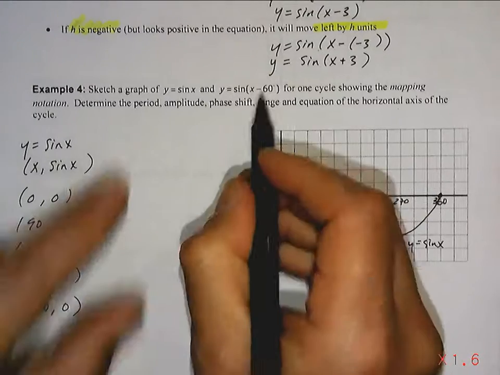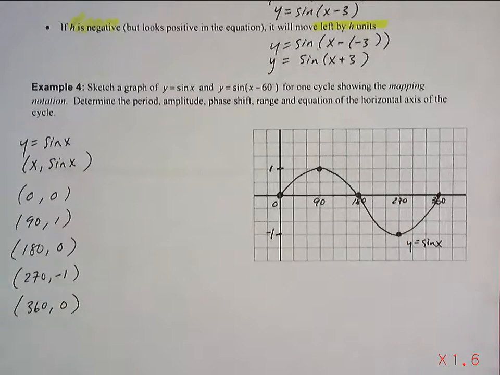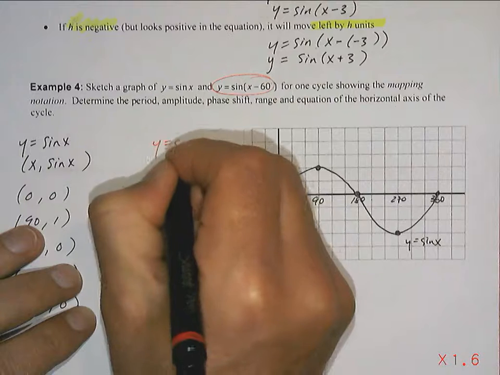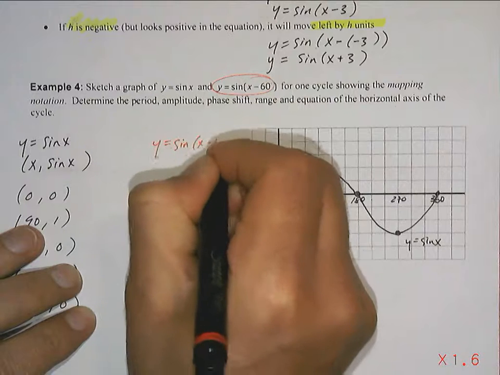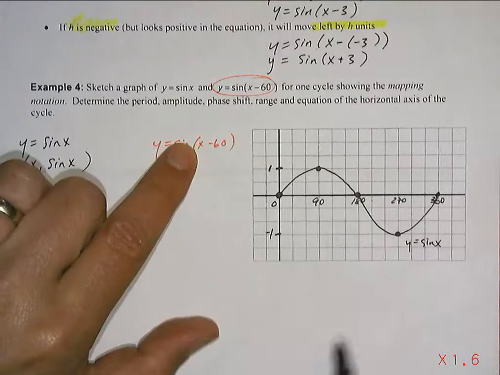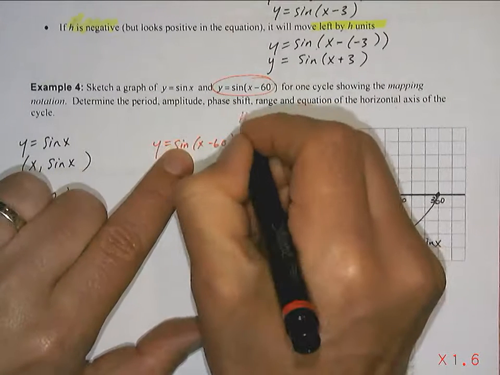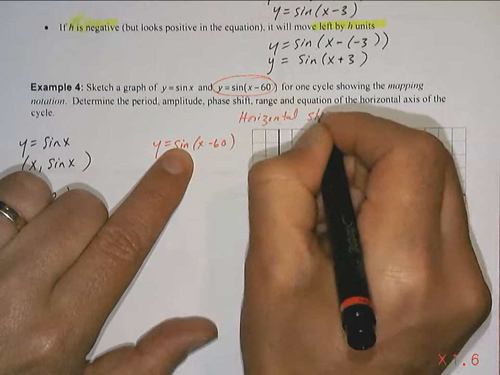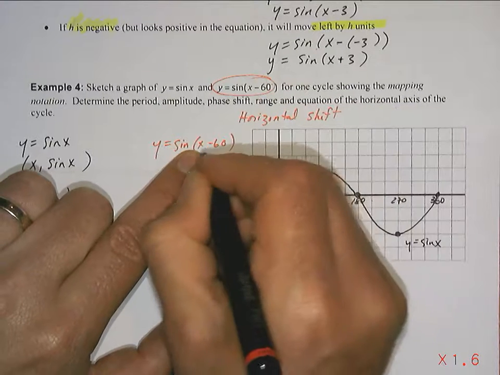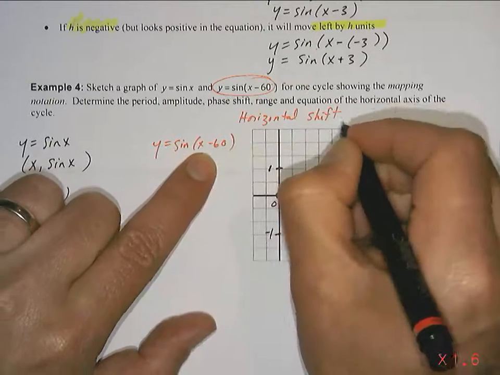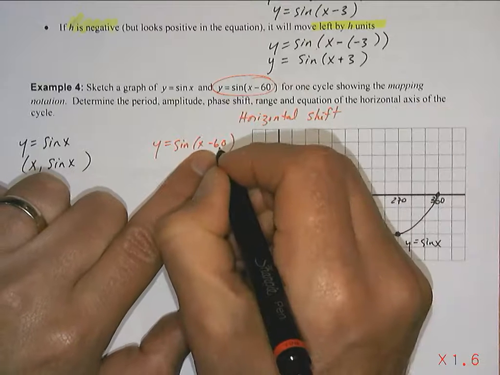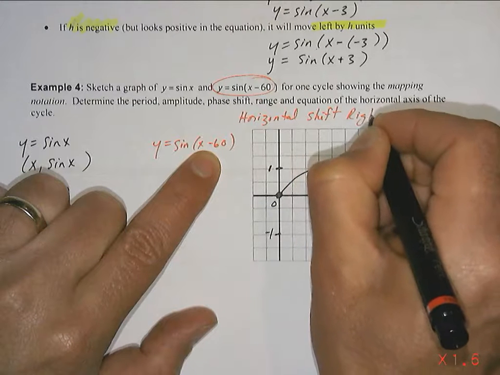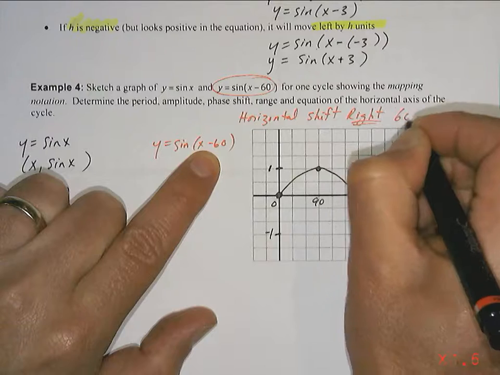Now, y equals sine of x minus 60 is going to be a horizontal shift. I know it's horizontal because it's inside the sine function. The h value is in fact positive, so it's going to be a shift to the right 60 degrees.